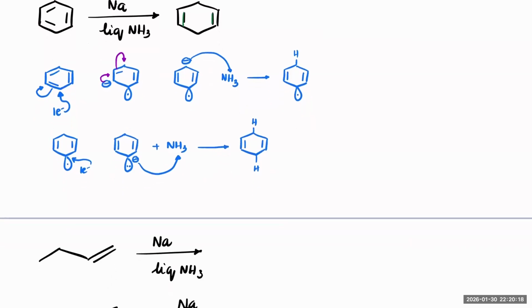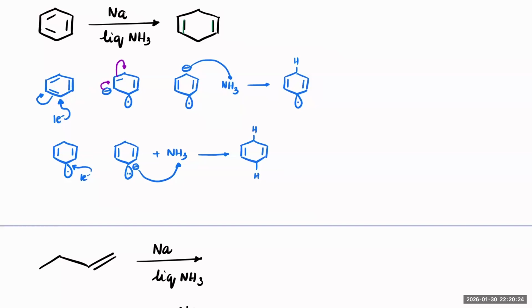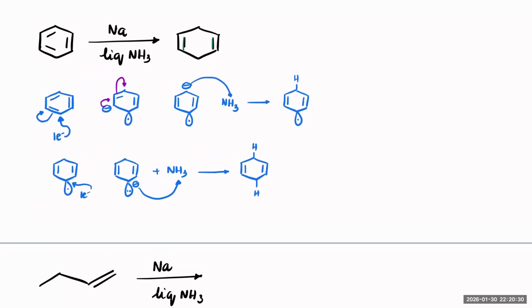And this is how you will get an isolated double bond form. Finished? The resonance basically helps in pushing electrons away from each other. That's the reason why we get isolated double bonds. Okay.